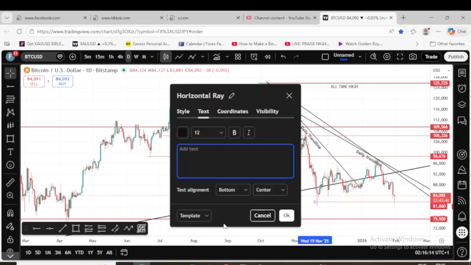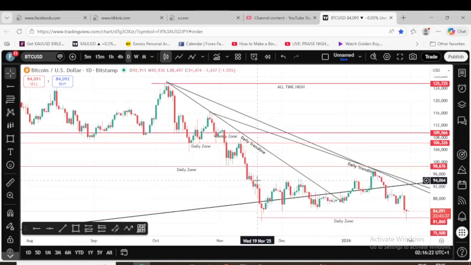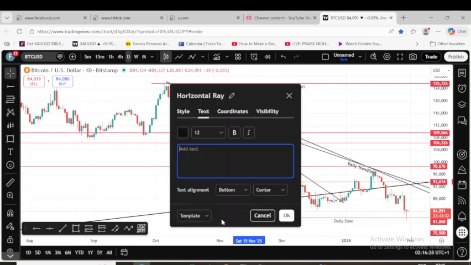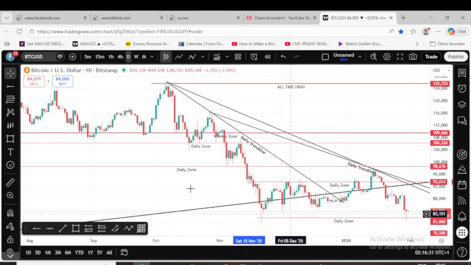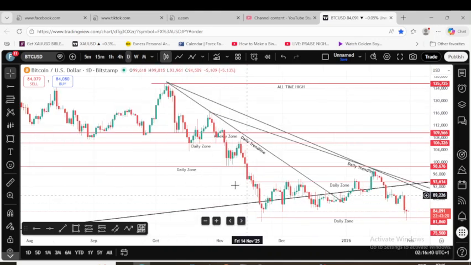Since price has reacted off of it like that, it's clearly a zone at that point. Are there any other zones that we should be keeping our eyes out for? We have one here, another daily zone. Okay, so that's it for daily zones.